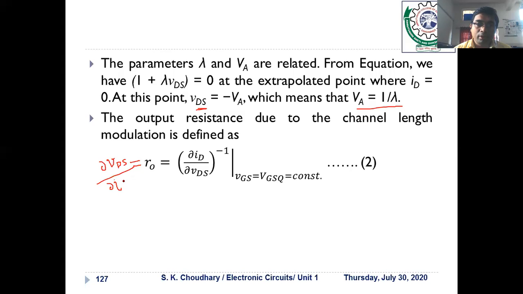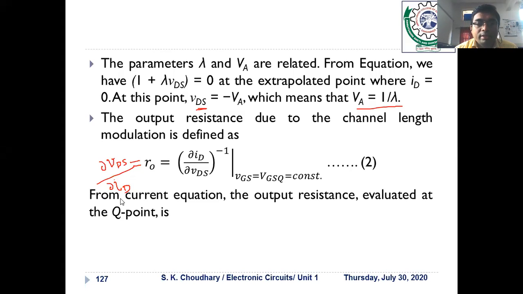This is the actual formula. But in the MOSFET, we generally define the current equations. That's why we have reversed the equation here, and in this whole case, VGS is a constant value.